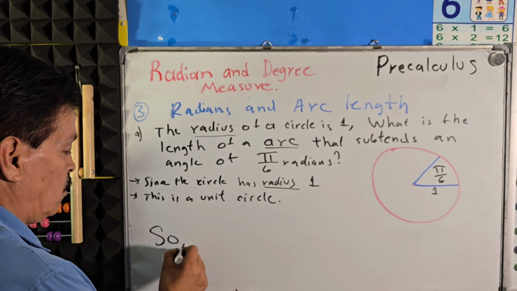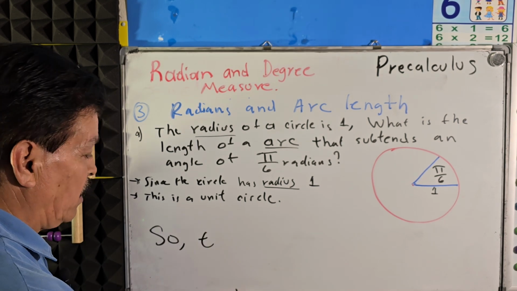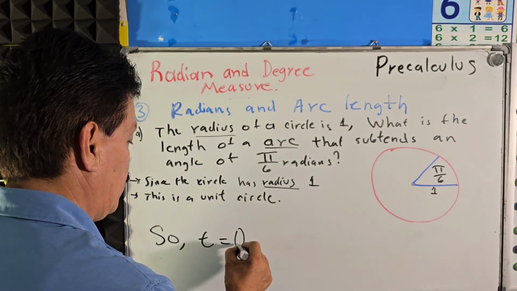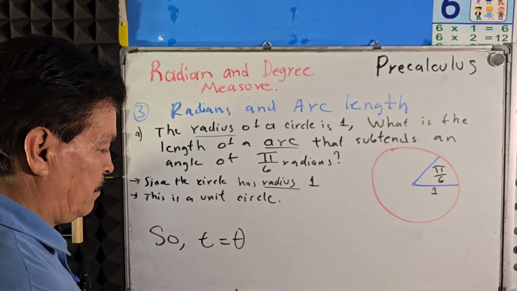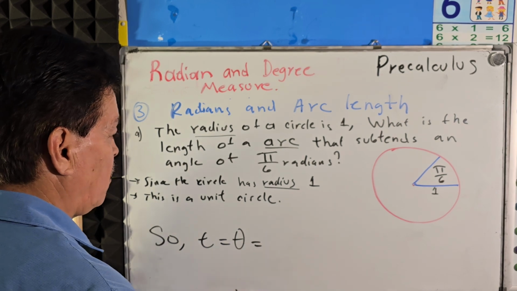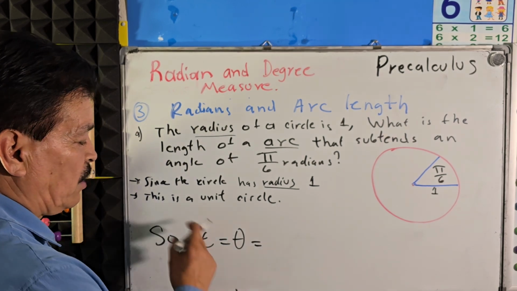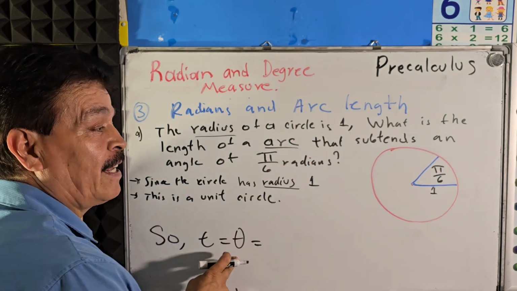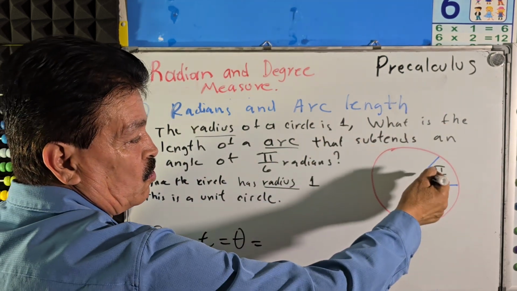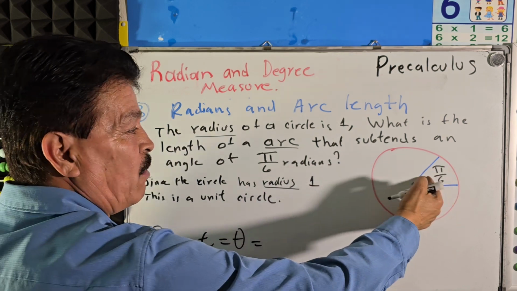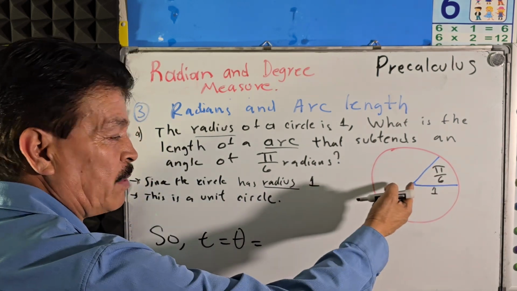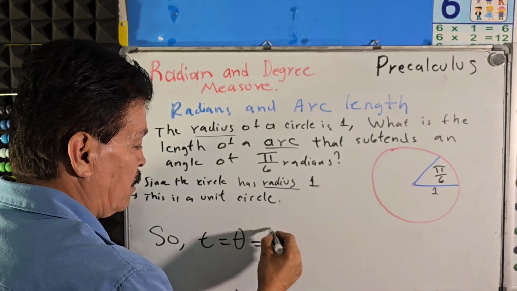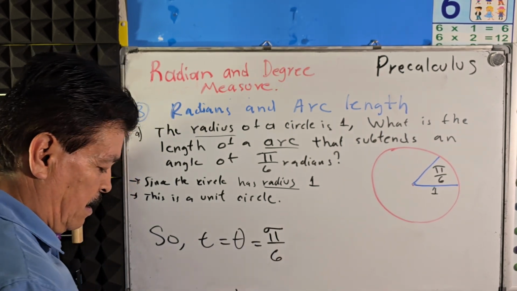So t, the unit circle, is equal, because it's the same. Remember, the t before is something we don't know, so we just write the symbol right here. Right now we have the symbol ready. So it is equal to pi divided by 6.